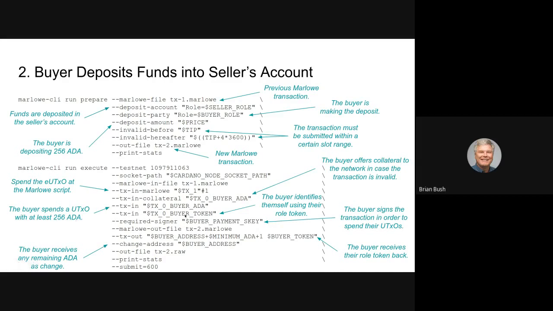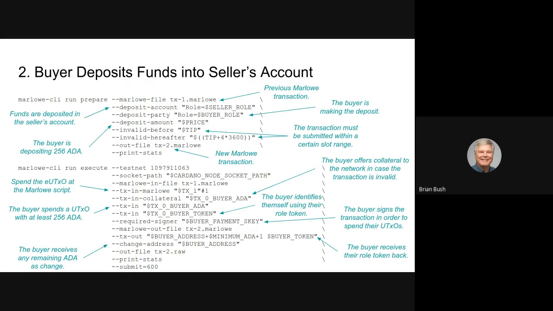So we need at least 256 ADA to make the deposit. And then the role token is held, in this case, by the buyer, because each participant, each role, has its own role token. That role token is sitting in their wallet. You could look at it, and it basically is what authorizes the buyer to make a transaction. So they have to include the role token as input. They will get it back out.